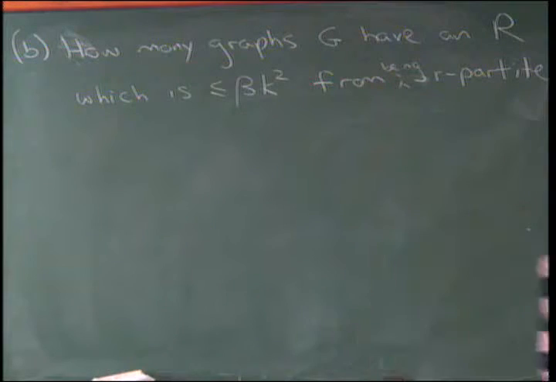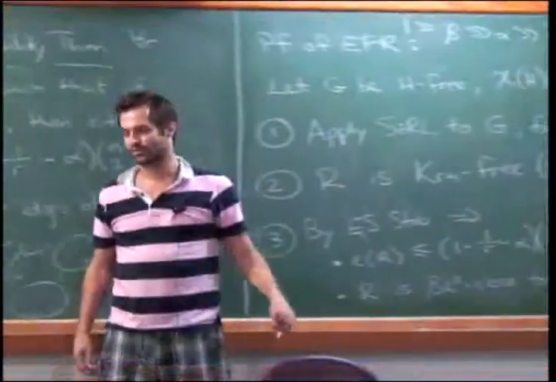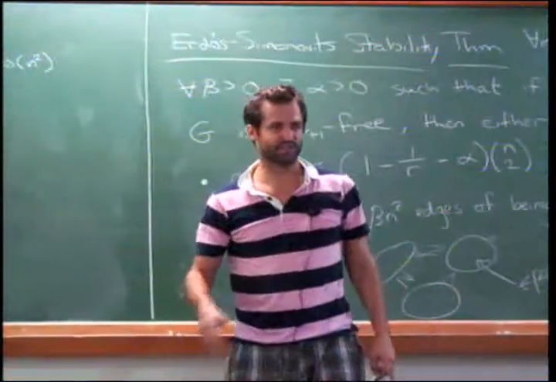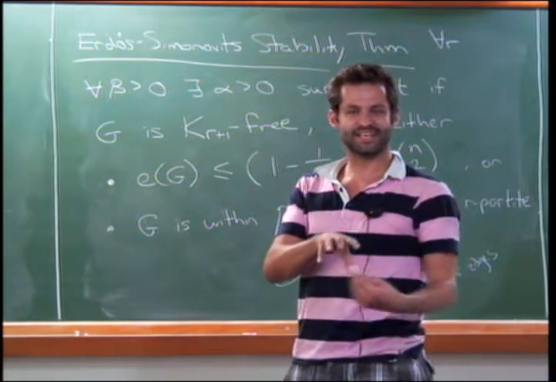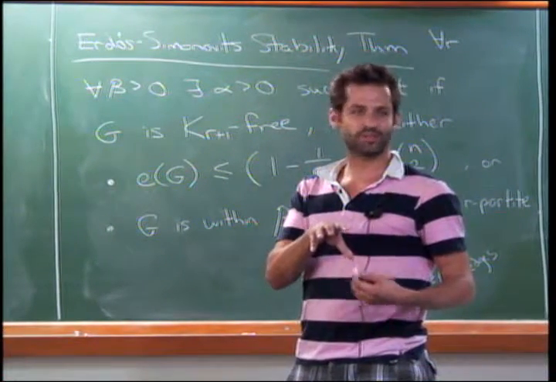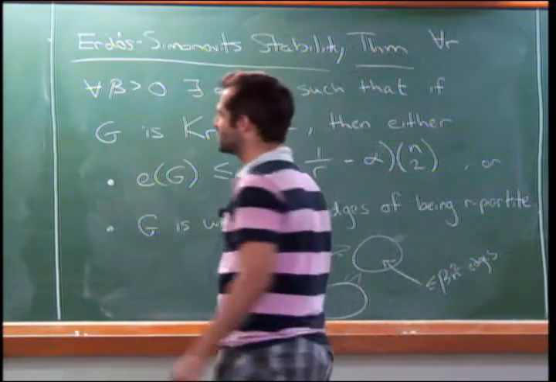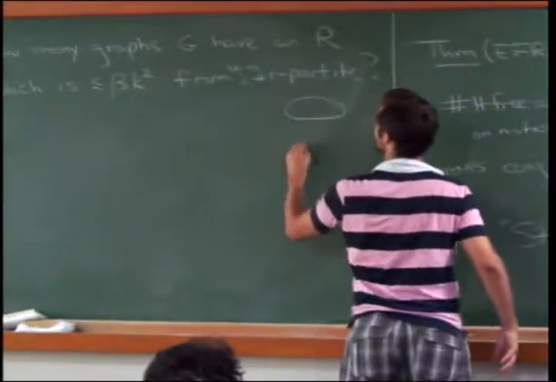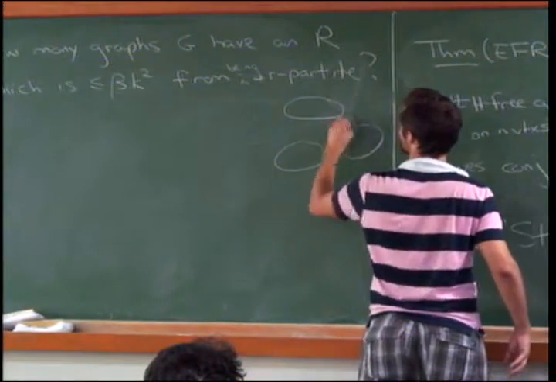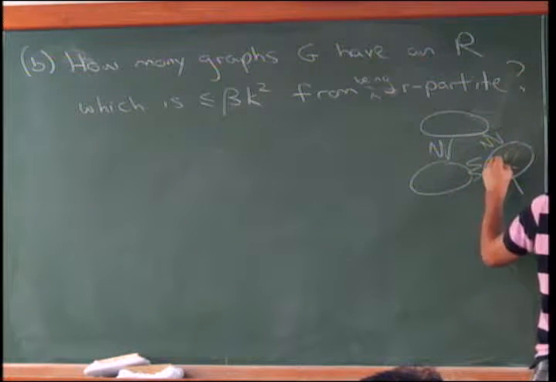So the other case is that R is very close to being r-partite. What does that mean? It means that there exists an r-partition of the vertex set such that inside the parts there are at most beta k squared edges. Okay? So there are very few edges inside parts. So this can be as dense as you like, but in here it's very sparse.